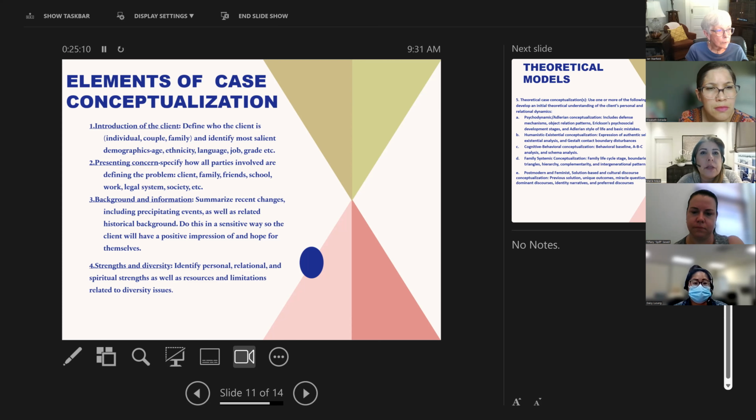Do this in a sensitive way so the client will have a positive impression of and hope for themselves. Strengths and diversity: identify personal, relational, and spiritual strengths, as well as resources and limitations related to diversity issues. So that's the first four.